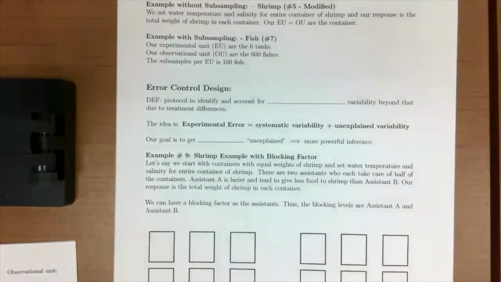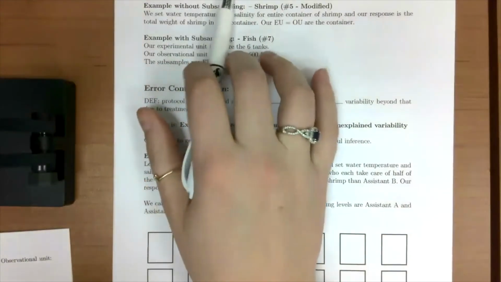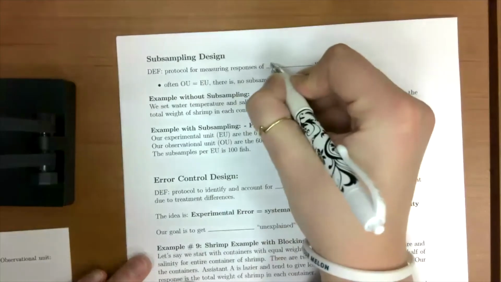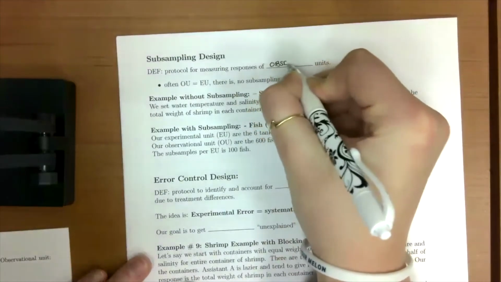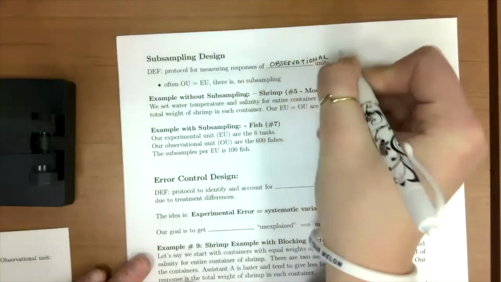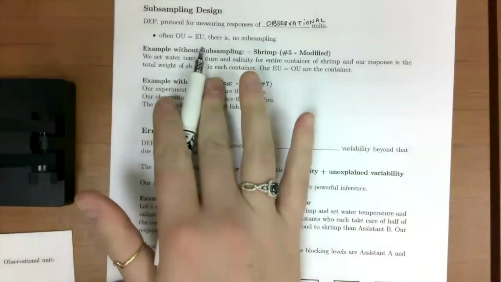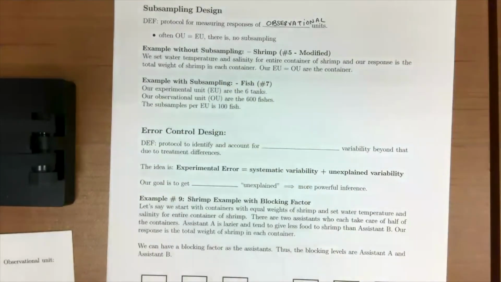And again, it's the protocol for measuring responses of the observational unit. So hopefully this should make more sense. Often if our OUs and our EUs are equal, there is no subsampling. So let's talk about 2 quick examples with and without subsampling.